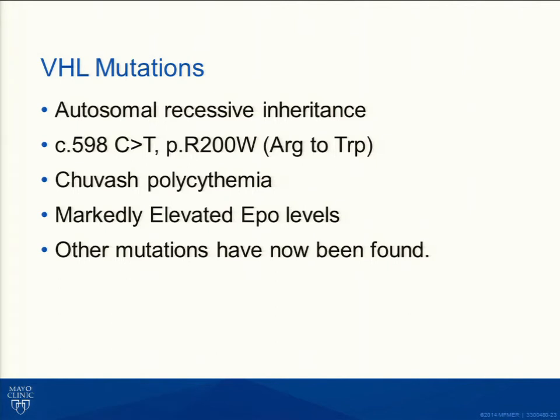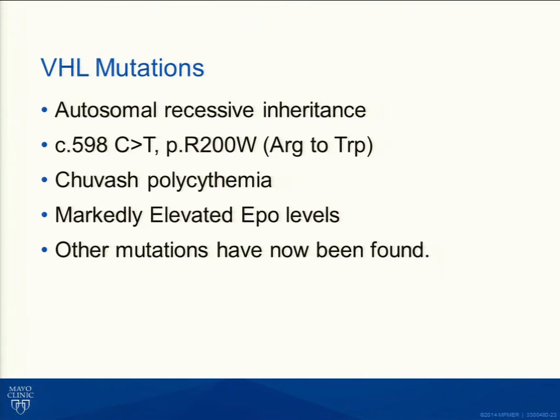There's an area in Italy and in Pakistan where it's located. So now we are also seeing compound heterozygotes. Typically, one is the Chuvash, and one is some other mutation. These are very characteristic, and they have markedly elevated EPO levels.